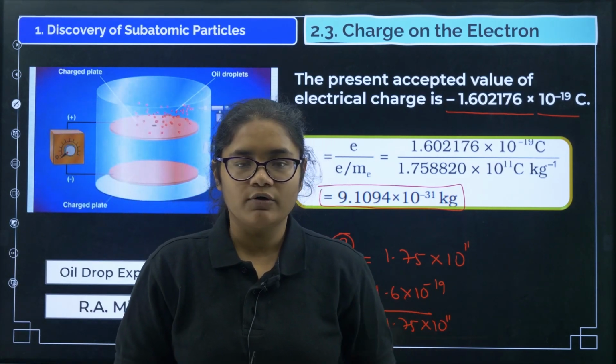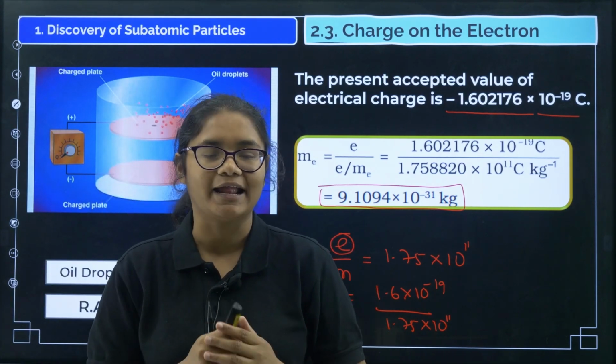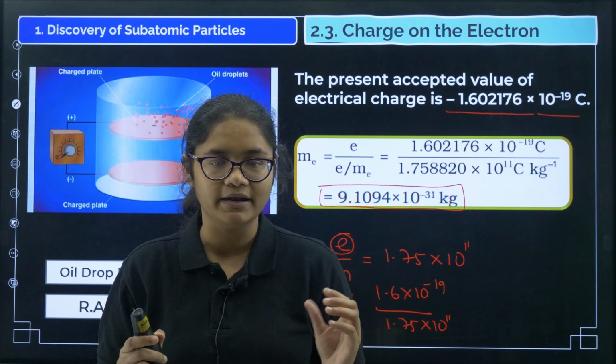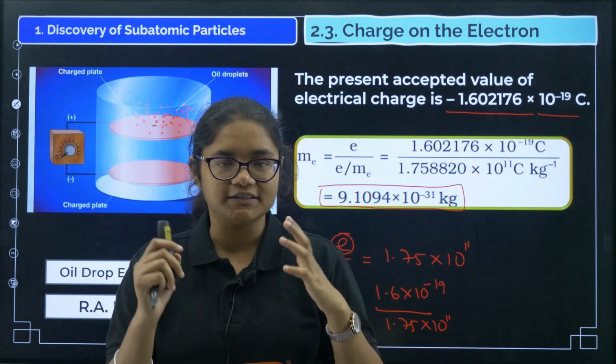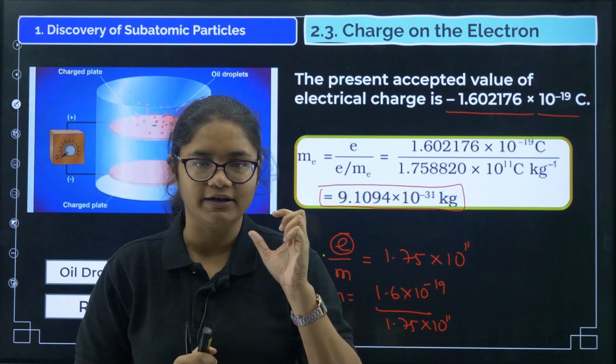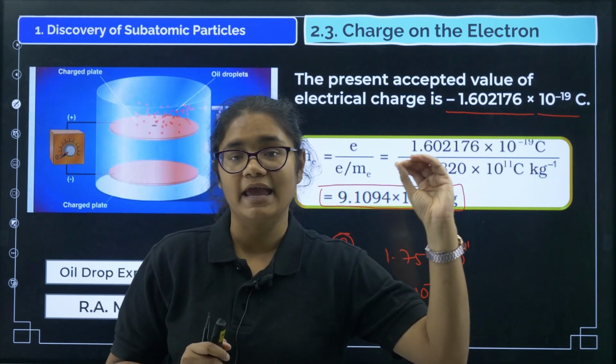Okay, so let us have a recap of what we are studying. First we did the cathode discharge ray experiment and we found some cathode rays. Now by adjusting the electric field and magnetic field of this cathode ray discharge tube, we found out the e by m ratio.